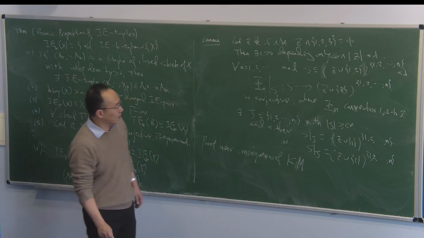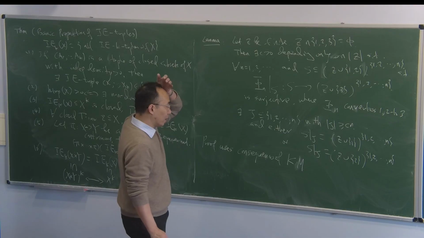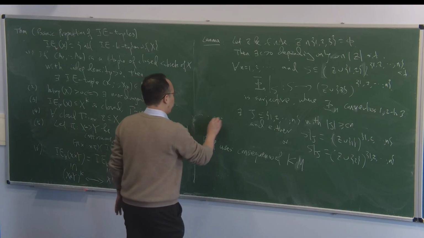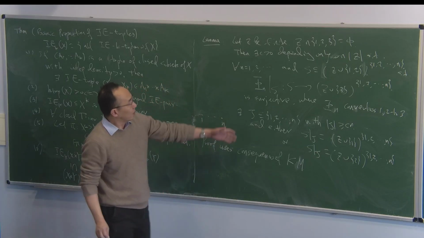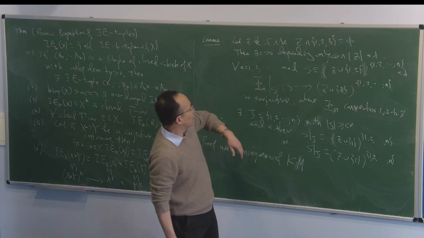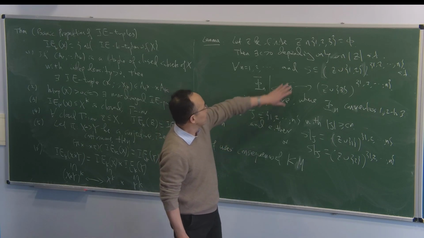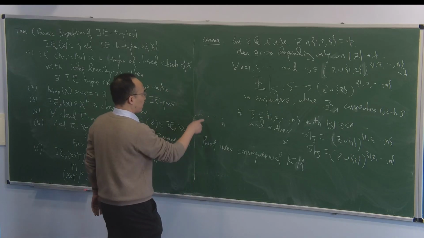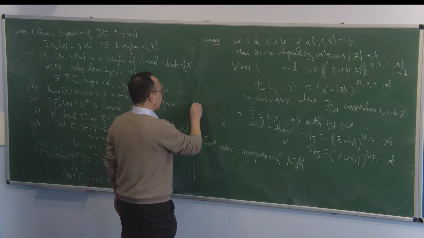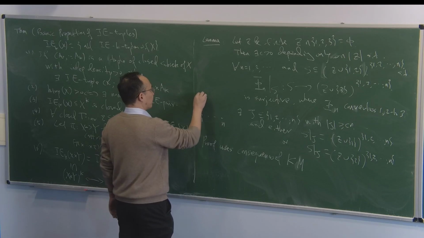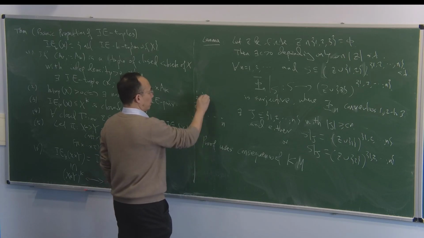What it really says is that you have 1 until n here, and this S is a bunch of maps valued in Z together with 1 and 2.